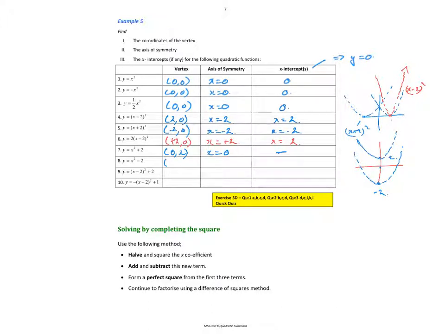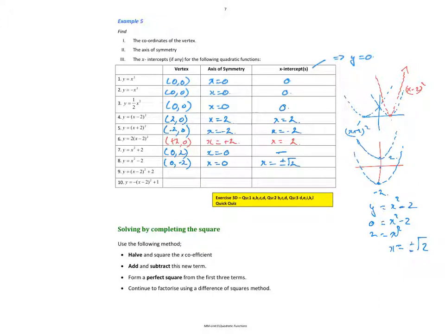So we can see that my turning point is at 0, negative 2. My axis of symmetry is still at x equal to 0. Now, if y equals x squared minus 2, my x-intercepts are where y is equal to 0, and so x will equal plus or minus the square root of 2.